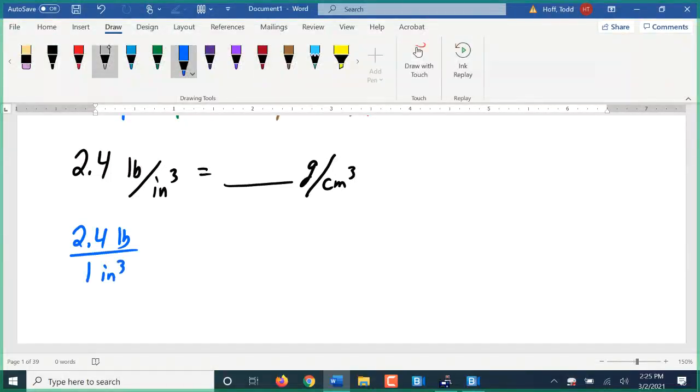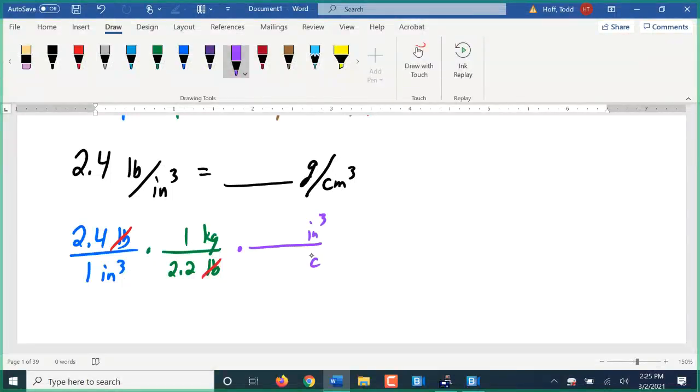Now I have to convert my pounds to grams, but I'm going to go pounds to kilograms here first. 1 kilogram is 2.2 pounds. Now I can just move the decimal point later to convert my kilograms into grams. So before I do that, I'm going to get rid of my cubic inches and go to cubic centimeters.